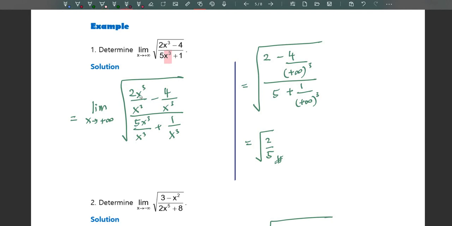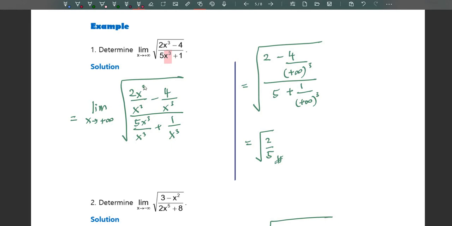That's why every term in the numerator and denominator needs to be divided by x to the power of 3, the highest power only, not including the coefficient. So here 2x cubed divided by x cubed minus 4 over x cubed, divided by 5x cubed over x cubed plus 1 over x cubed, and this one remains limit as x approaches positive infinity.